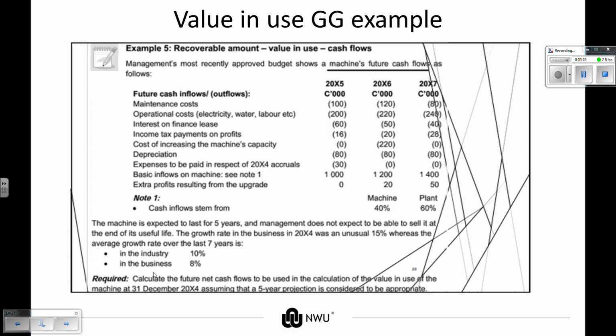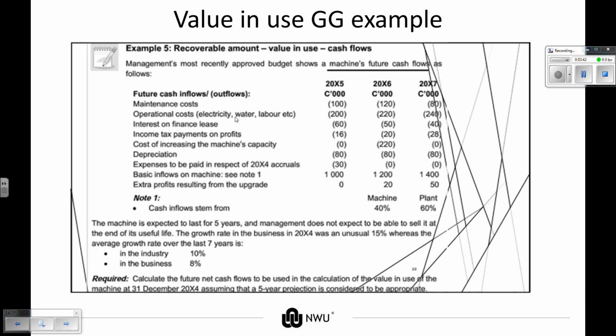So here we will look at our cash inflows and outflows to make sure which ones we can include and which ones not. The maintenance cost will be a cost that I have to incur to be able to use the asset. So this I will definitely include.